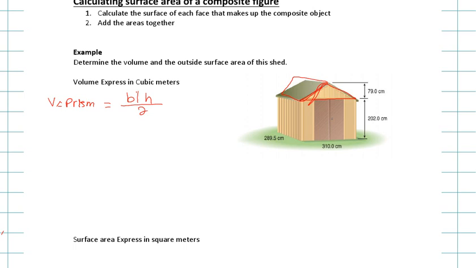Okay? So if I'm going to look at the triangular prism right here, let's see which one is B, which one is L, and which one is H. B is the base of the triangle, so that's your B. Your L is the altitude of the triangle, so it's this.